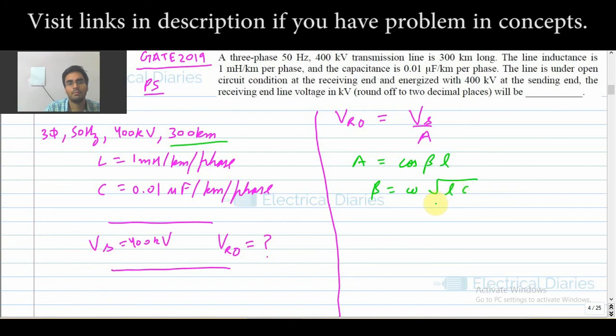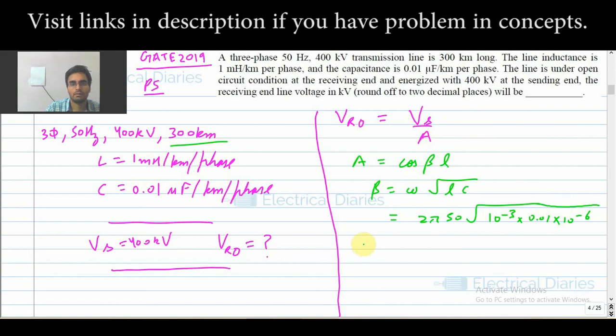L and C are the per kilometer per phase inductance and capacitance. So omega is 2 pi 50, under root LC is 10 to the power minus 3 into 0.01 into 10 to the power minus 6.